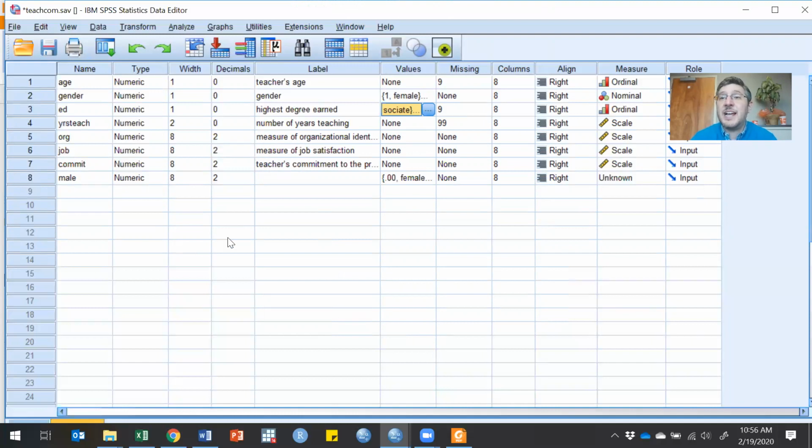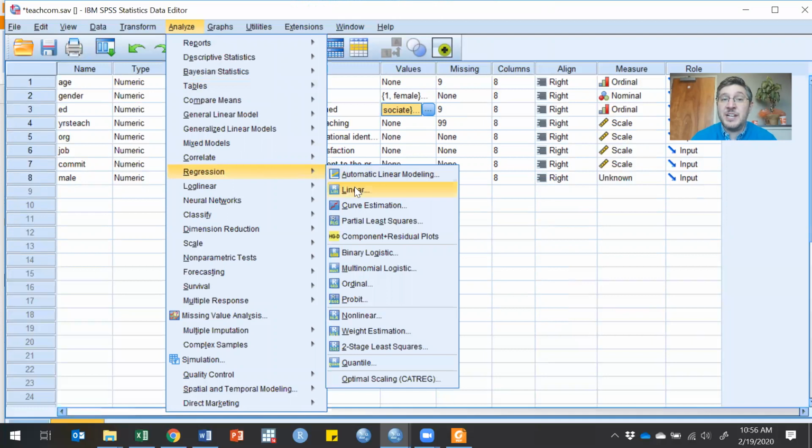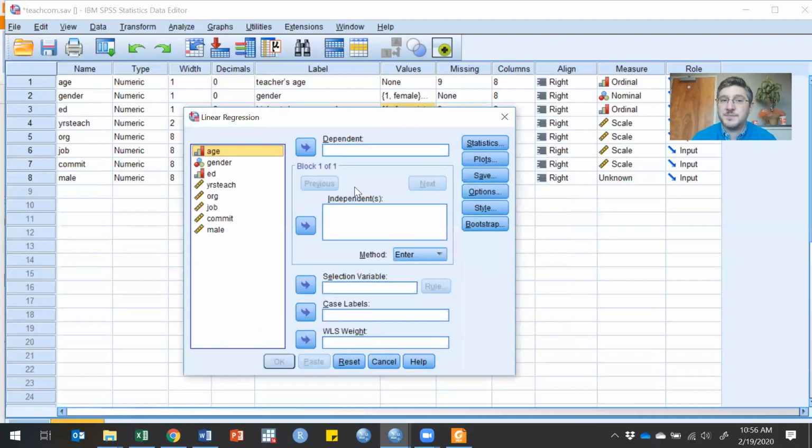To run a regression analysis, if you don't know the syntax, you could go to Analyze, Regression, Linear. You could put your dependent variable in the dependent column, and you would put your independent variables over here in the independent column.